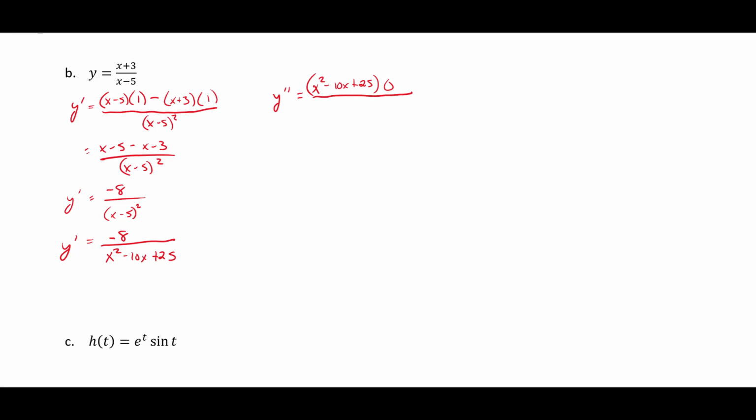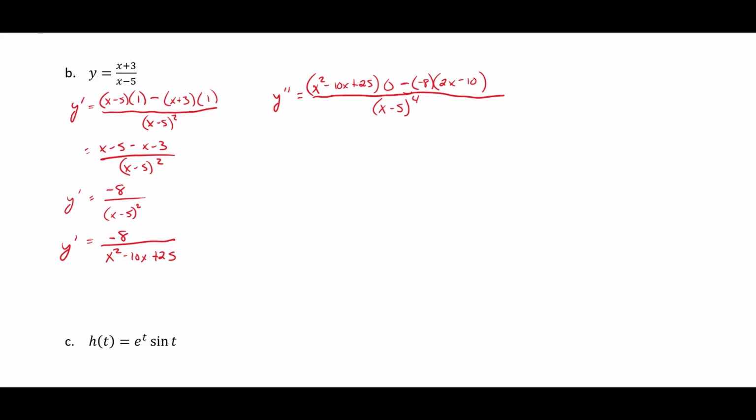That's right, because negative 8 is a constant, so the derivative of any constant is 0. Minus high d low, so minus negative 8 times the derivative of x squared minus 10x plus 25, which is 2x minus 10, all over our denominator, which is x minus 5 to the fourth.